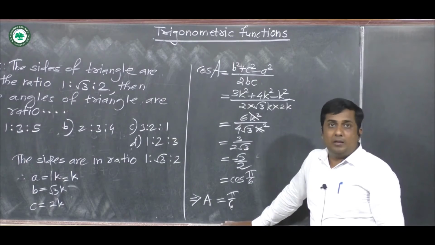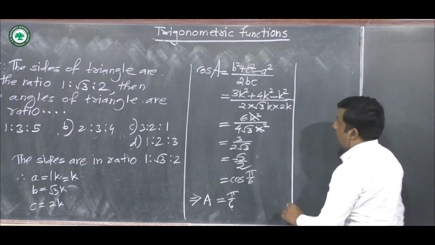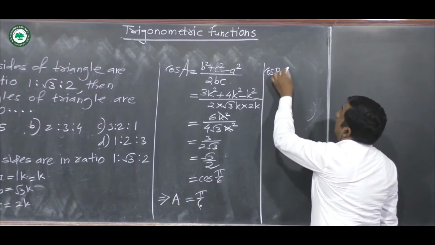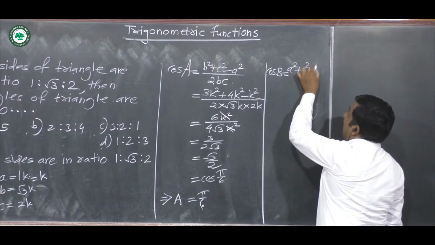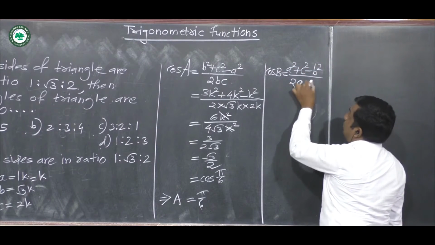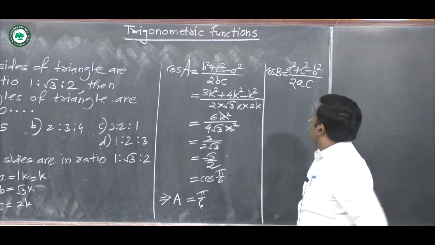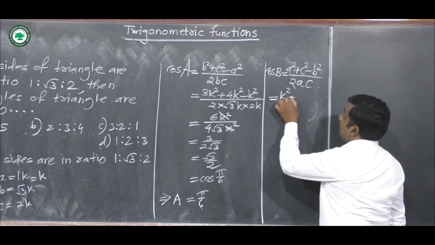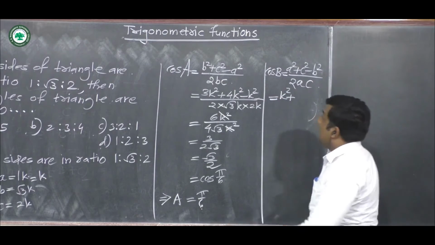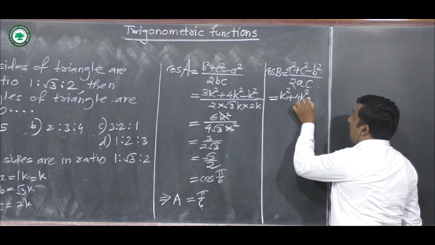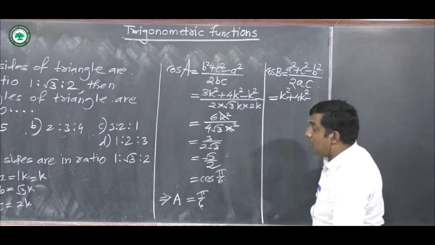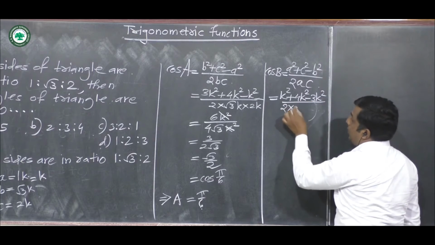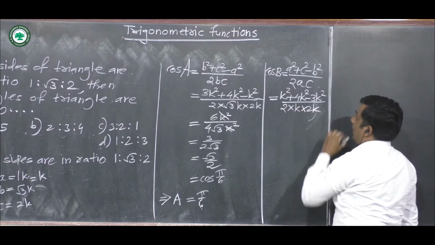We get the first angle. Now we find cos B. Okay, here cos B is equal to A square plus C square minus B square upon 2AC. Now this is equal to, we know A is k, so A square is k square, plus we know C is 2k, then its square is 4k square, minus we know B is root 3k, so its square is 3k square, divided by 2 into k into 2k.